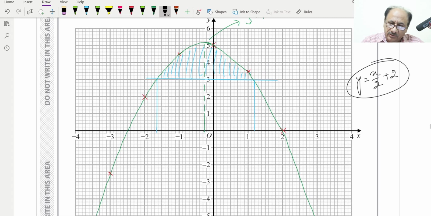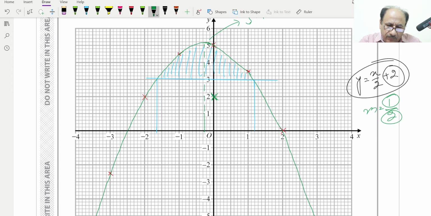I've just copied it for your reference, and this portion is telling us that it is passing through plus 2. It means the y-intercept is plus 2, so we can mark the y-intercept as this one. For the gradient, the m value is 1 by 2. So 1 is rise and 2 is run.